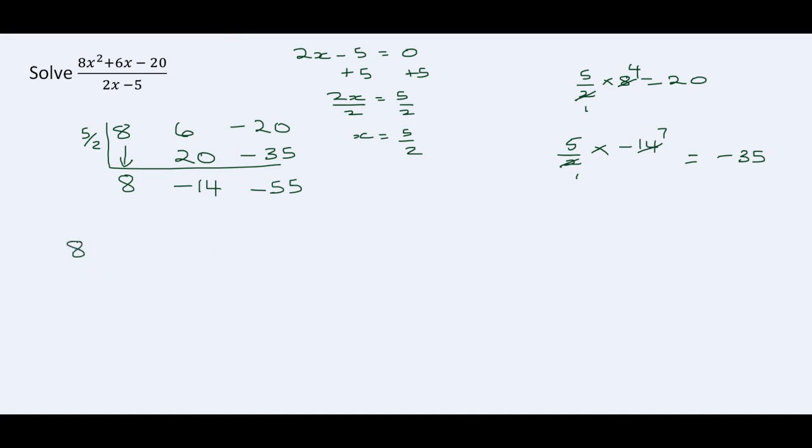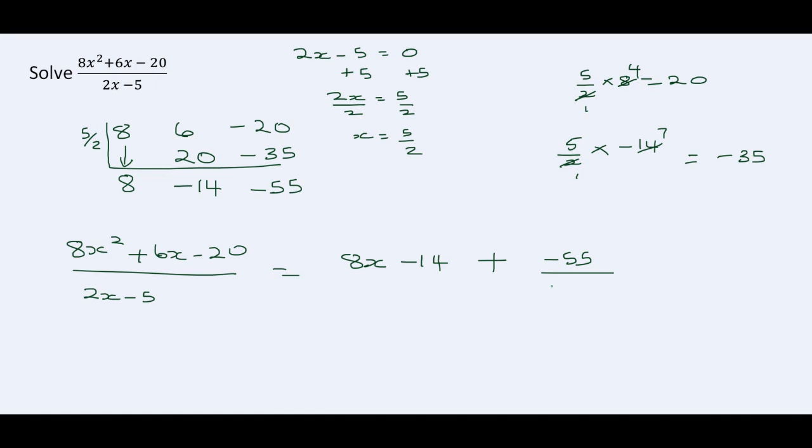So 8x squared plus 6x minus 20 divided by 2x minus 5 is going to be 8x minus 14 plus minus 55 over 2x minus 5.